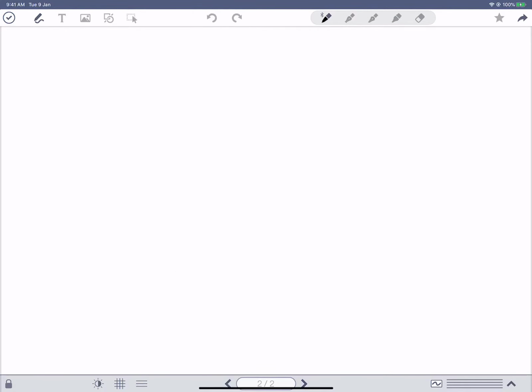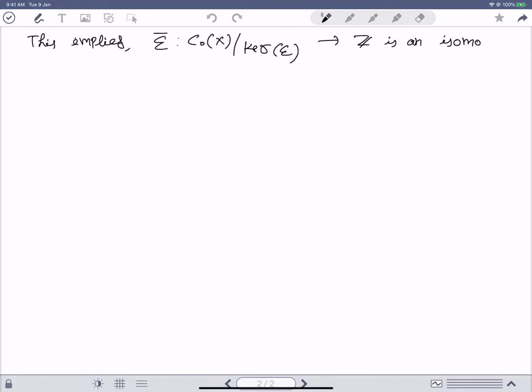That implies that epsilon bar from C0 of X quotient with the kernel of epsilon to Z is an isomorphism. In other words, we can say C0 of X quotient with the kernel of epsilon is isomorphic to Z.